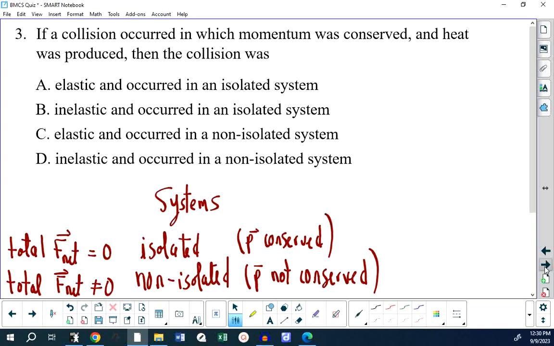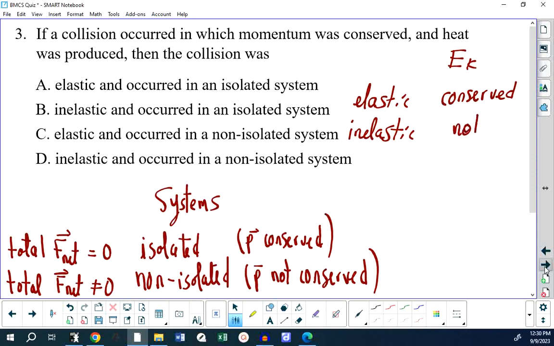The other aspect of this is the type of collision, which is either elastic or, I guess we typically use the word, inelastic. Elastic or inelastic. And this has to do with kinetic energy in the system. If it's elastic, kinetic energy is conserved. But if it's inelastic, kinetic energy is not conserved.